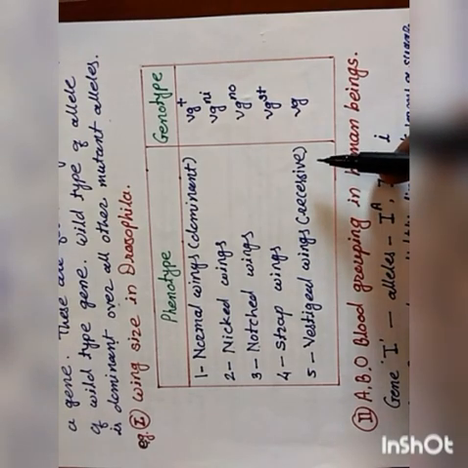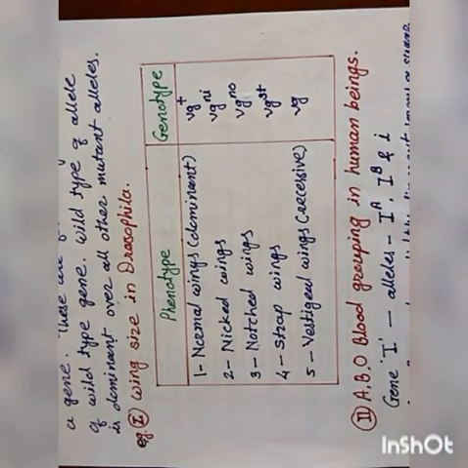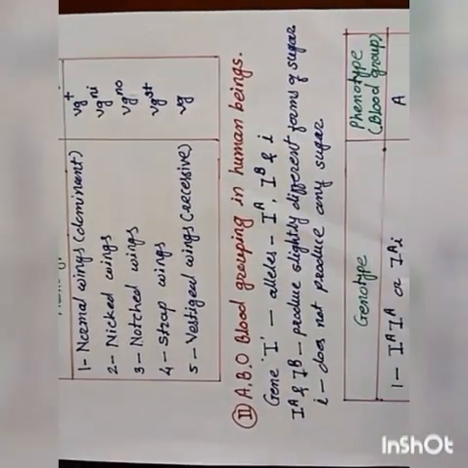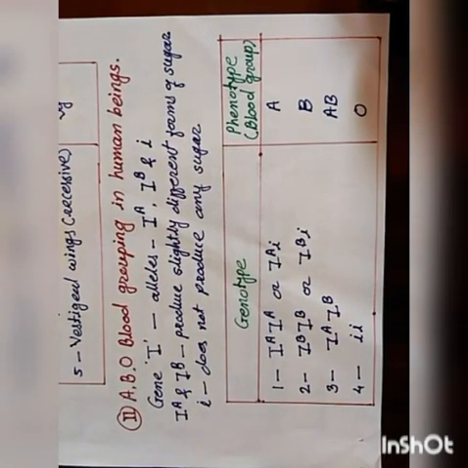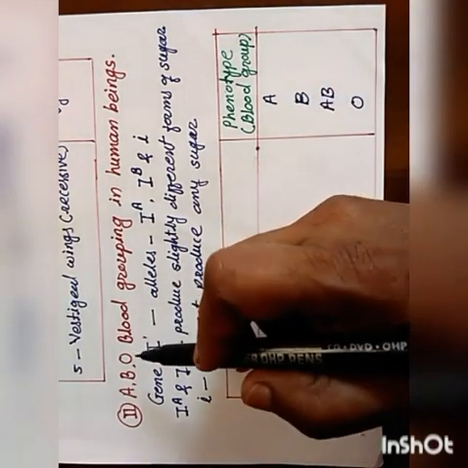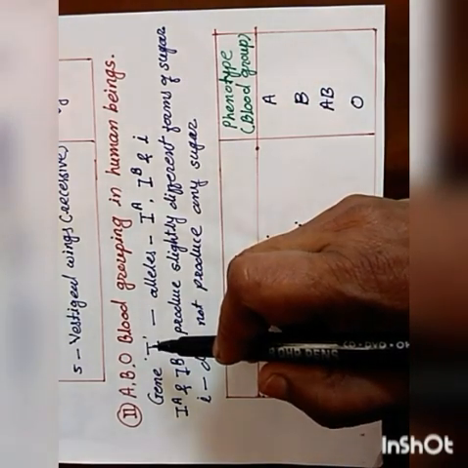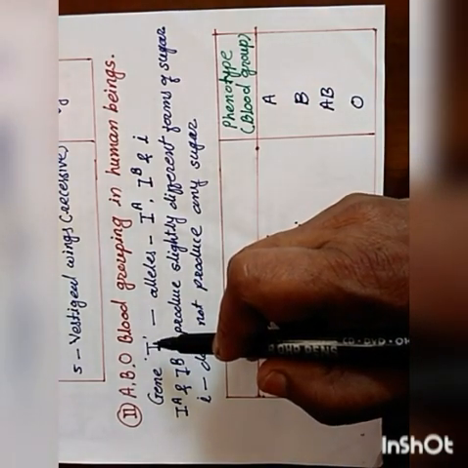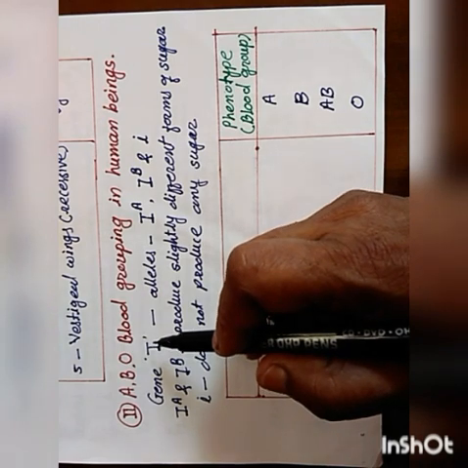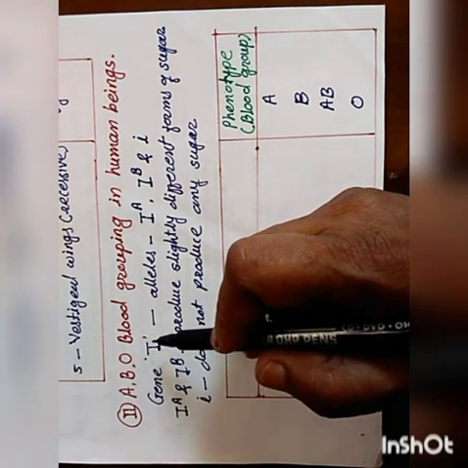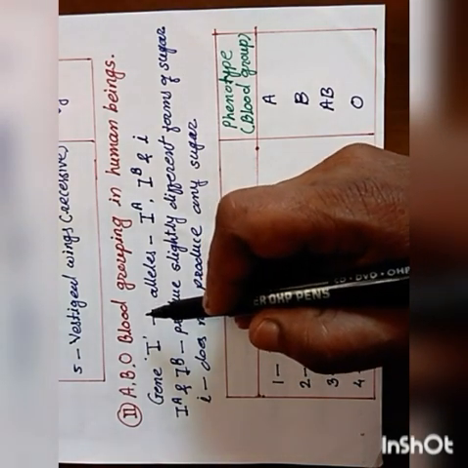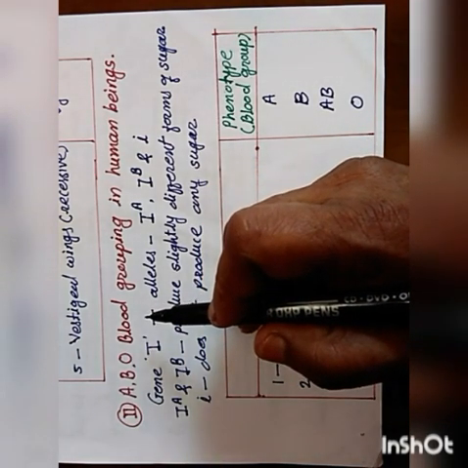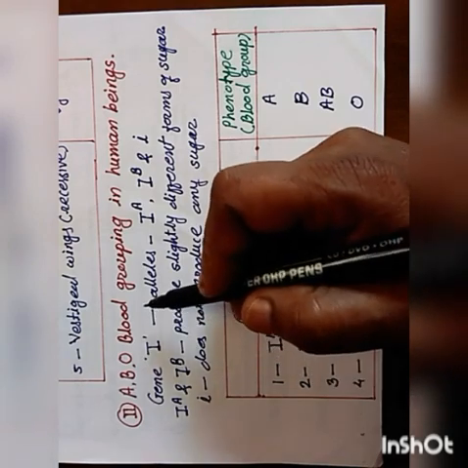Then the next example of the multiple alleles is the ABO blood grouping in human beings. In man, there are different types of the blood groups. Means blood group A, blood group B, blood group AB and the blood group O. These blood groups are determined by the different types of the red blood cells.